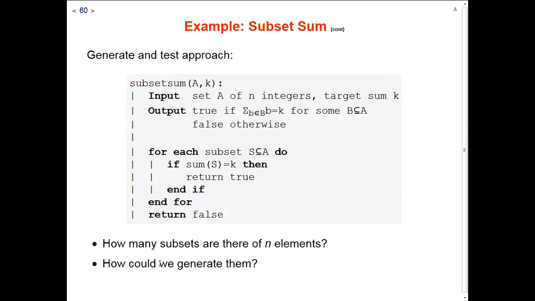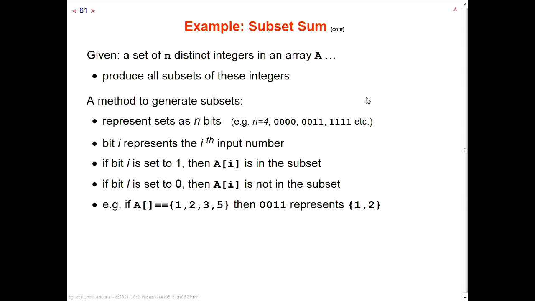How could we generate systematically all these subsets? We want to produce all subsets of a given array of integers. There is a nice, very geeky computer scientist-y way of doing this, and this would be to represent sets with the help of n bits.